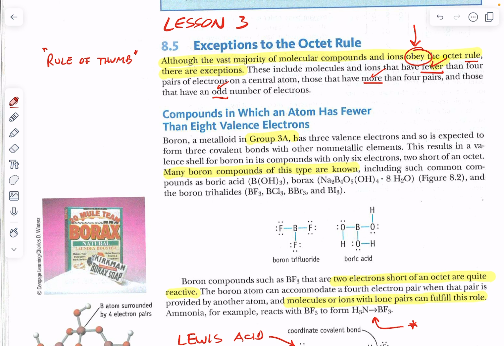And therefore, when we have exceptions to our rule, we're not surprised because we invented this rule. This comes from many, many, many observations. And we invent a rule or a scheme by which we can construct molecules to think about how they're organized and what they might look like in three-dimensional space and which atoms are connected to which atoms.